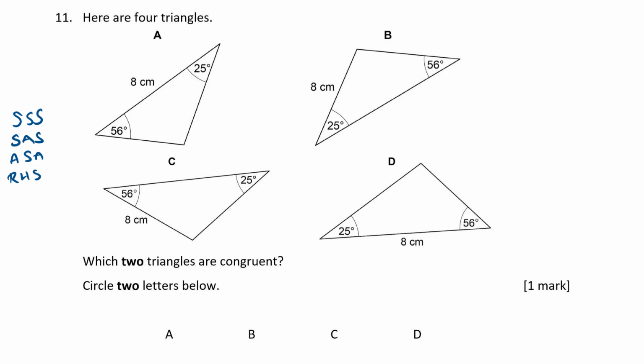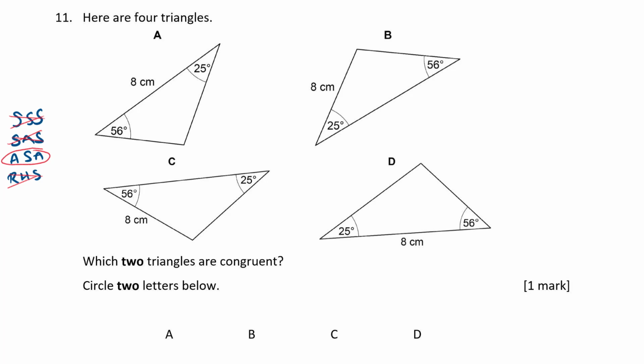Okay, so we've not got a right angle, so it's not that one. We haven't got 3 sides given, so it's not that one. I've been given 2 angles and the included side for most of these, so we're going to be using the ASA one, aren't we? Okay, to work out which one is congruent. Now, I've written ASA. I didn't write AAS or any other combination.